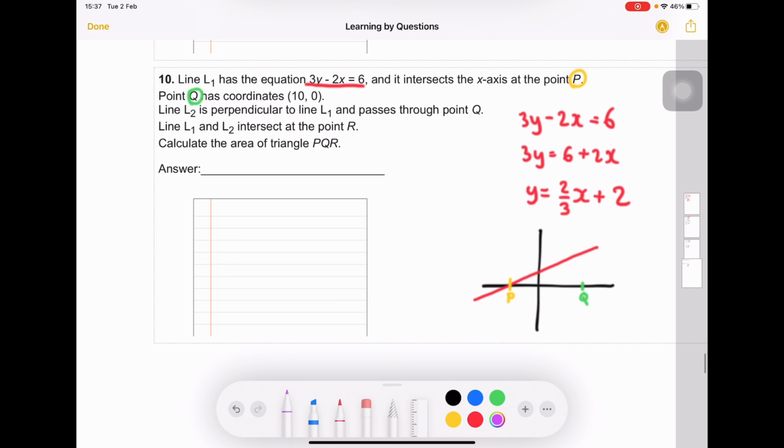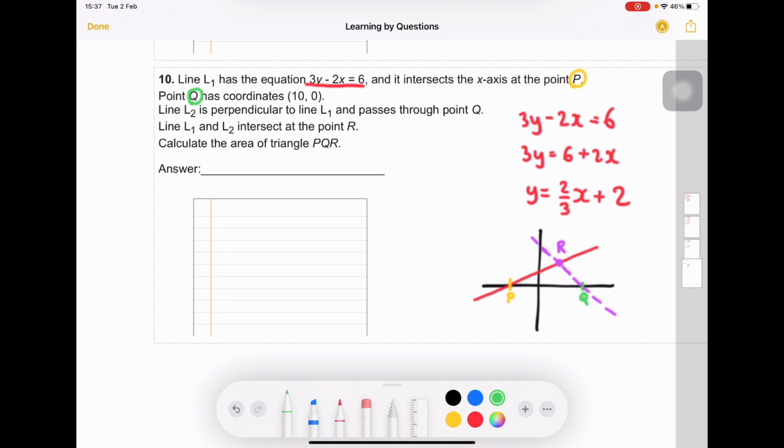So L2 is going to be perpendicular, so that means it has to be a right angle. So something like this. This is point R.